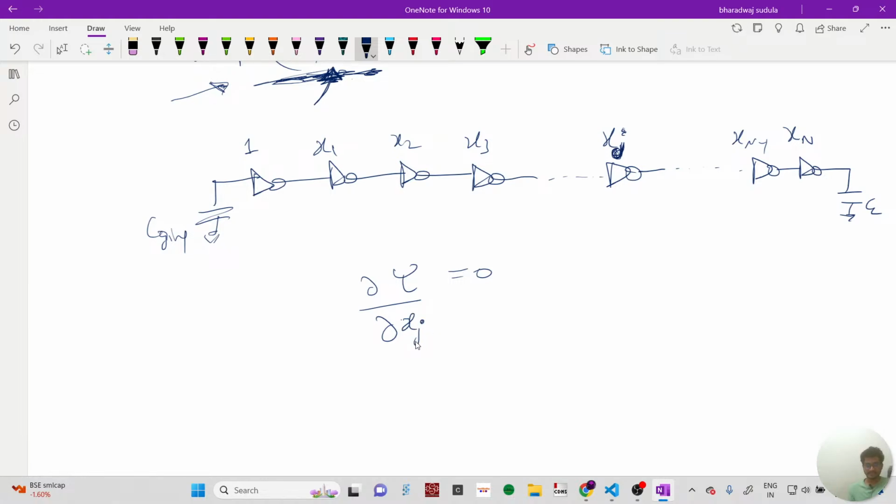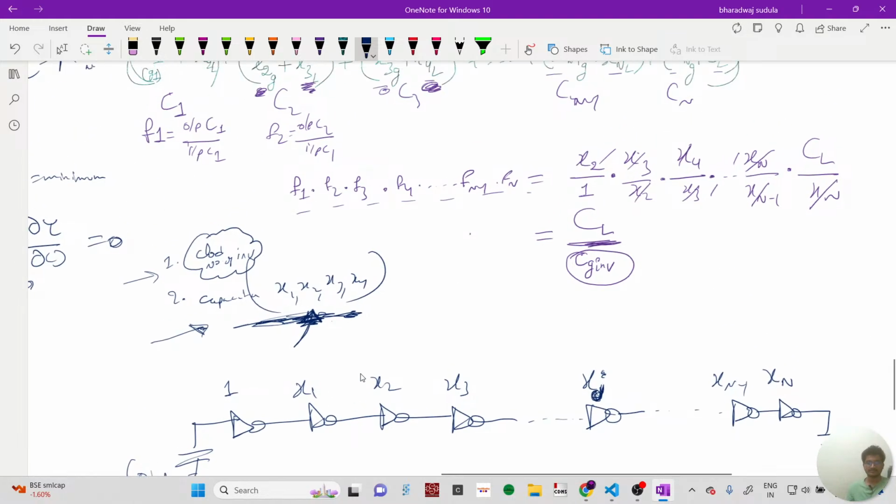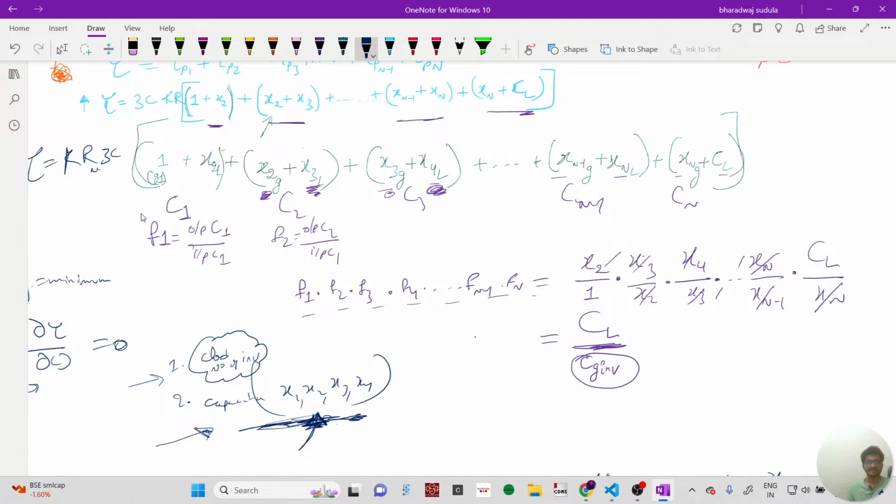I'll differentiate tau, equate it to 0. I'll get some valuable insights about the jth inverter capacitance sizing, right? So what is the equation? This is the equation, right?